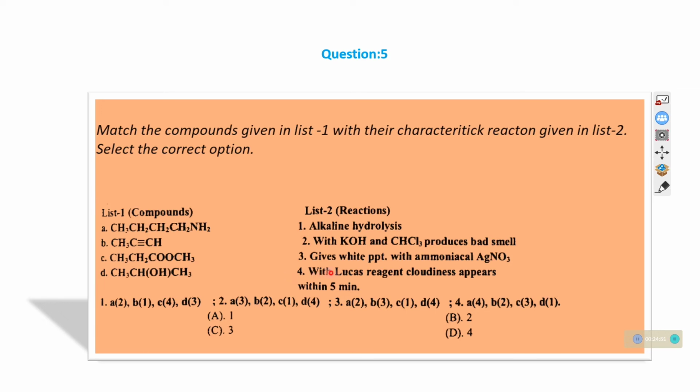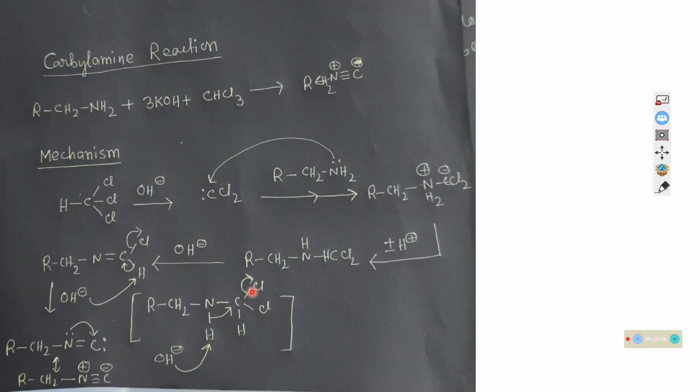First, this is the carbylamine reaction. A primary amine in presence of potassium hydroxide and chloroform forms isocyanide, and that has a bad smell.